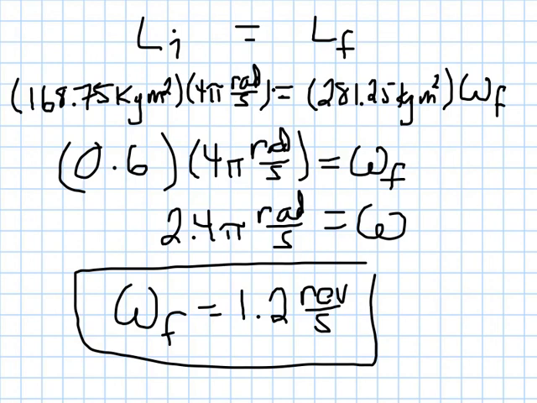And that's my final answer. The merry-go-round did slow down as the person walked to the outer edge, and when you consider that the moment of inertia increased, then it makes sense that the angular speed has to decrease in order to keep the same overall angular momentum.